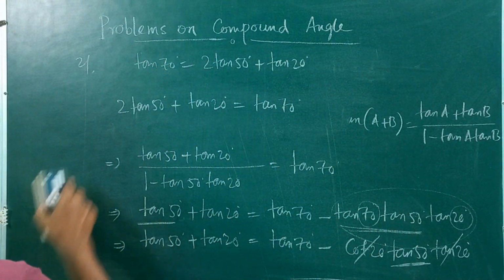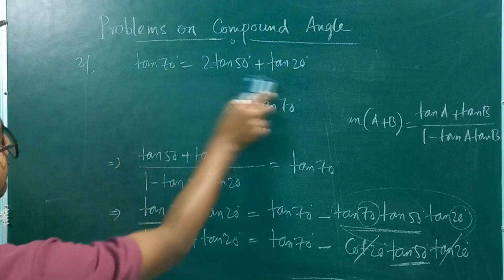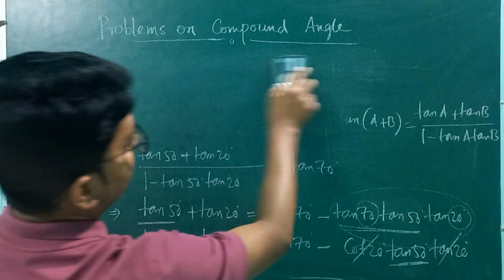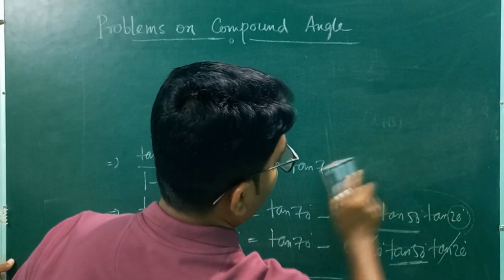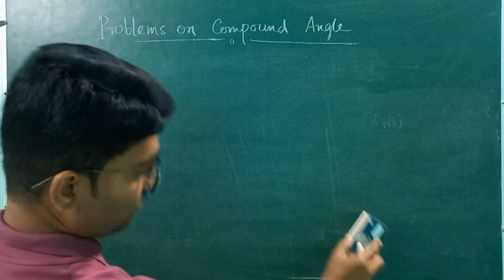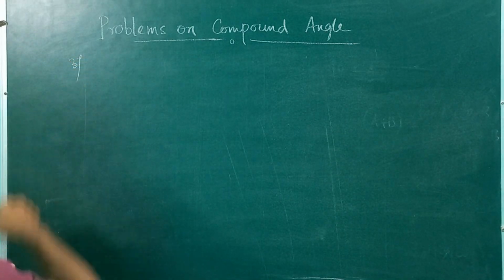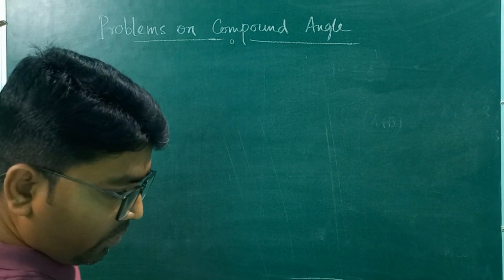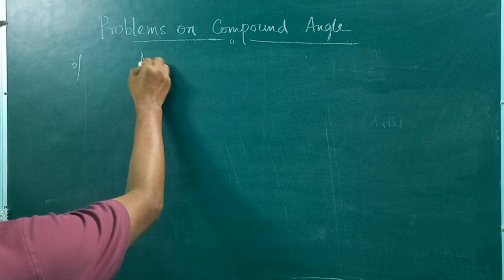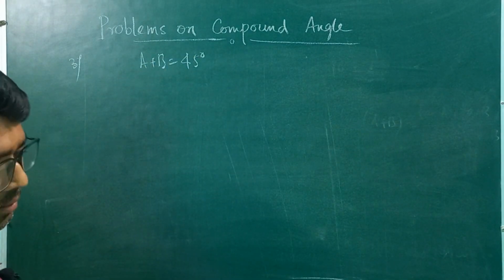Next, our third problem. Number 3. What is the problem? Here it is given a plus b equal to 45 degree.